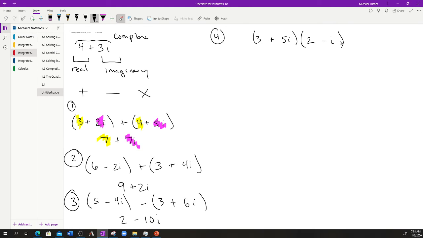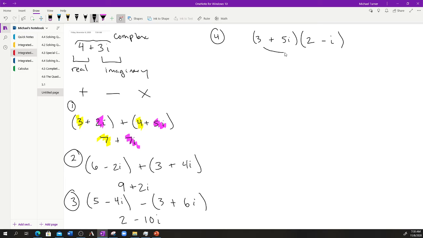So because we're treating the real and imaginary parts as different terms, here this is like if we were multiplying a binomial times a binomial, going back to units 3 and 4. So this is up to you how you want to do it, if you like the box method, or if you just do FOIL.